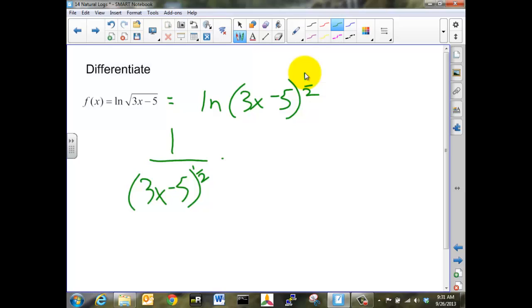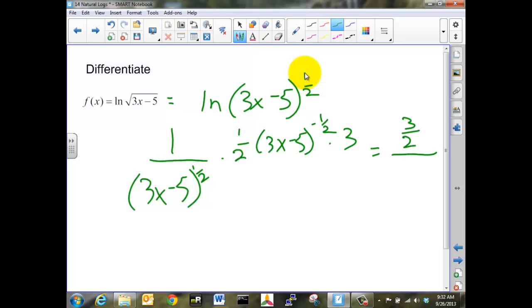The derivative of 3x minus 5 to the 1/2 is 1/2 times 3x minus 5 to the negative 1/2 times 3, right? Okay? Now, well, you forgot the 1/2, didn't you? Now what are we going to do? Hold on here. Now what are we going to do? And get 3/2.